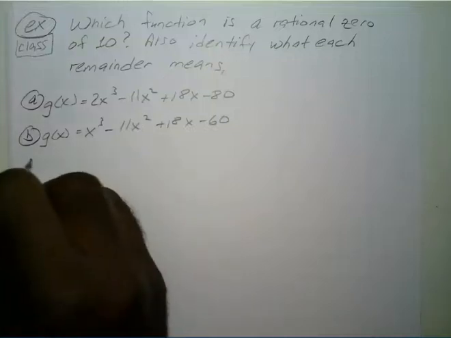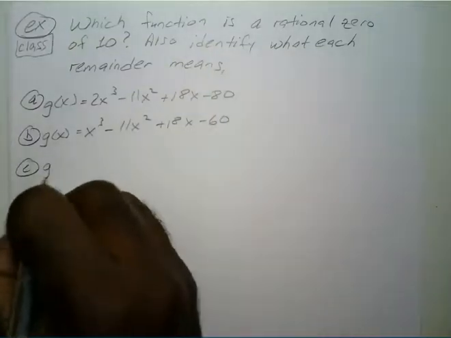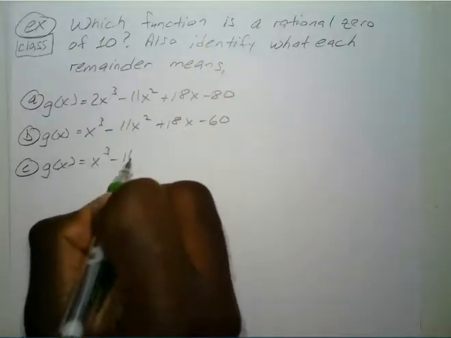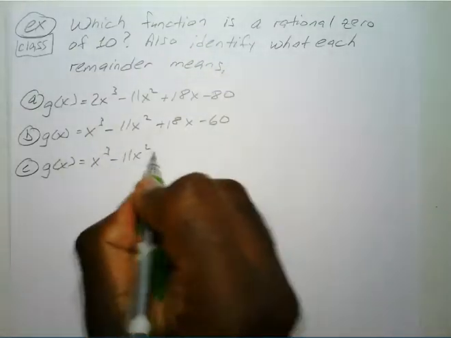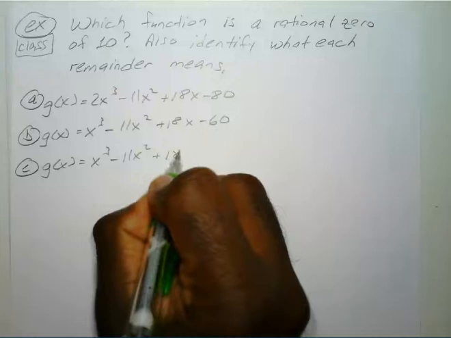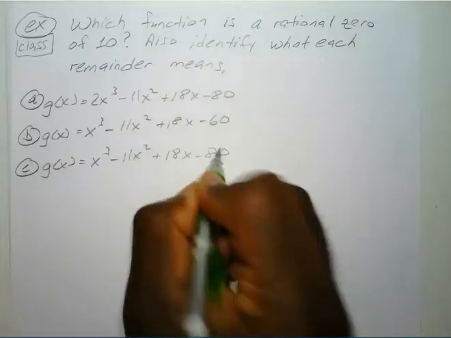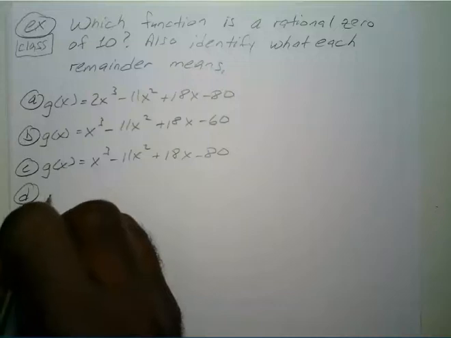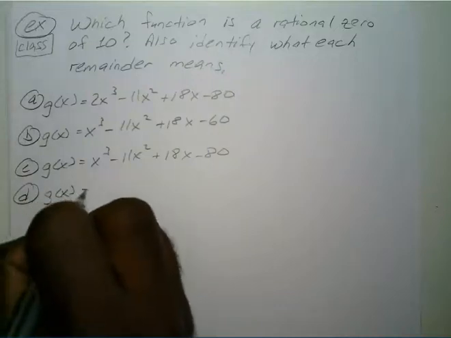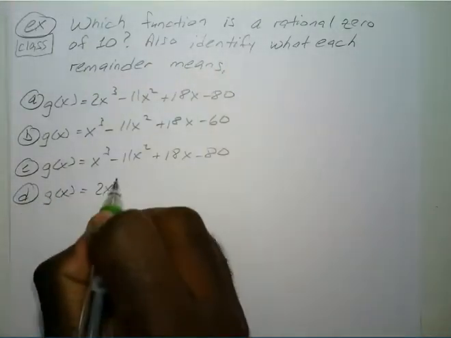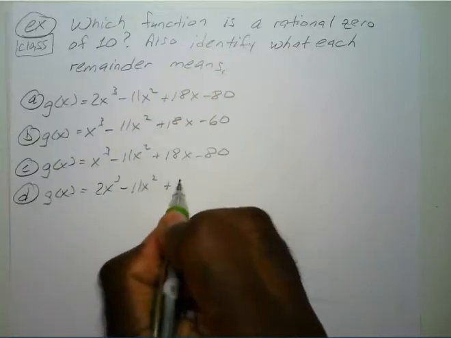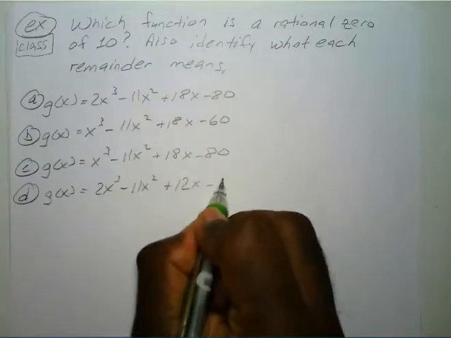Say for C, you have g of x equal to x to the third power minus 11x squared plus 18x minus 80. And for D, what if g of x equals 2x to the third minus 11x squared plus 12x minus 60?